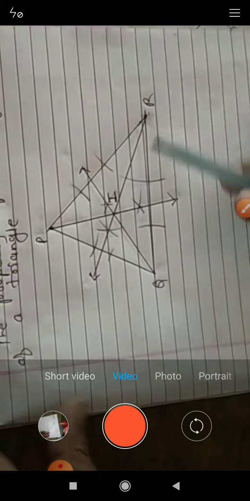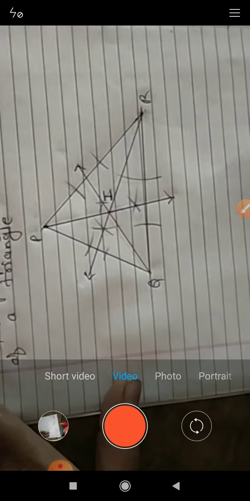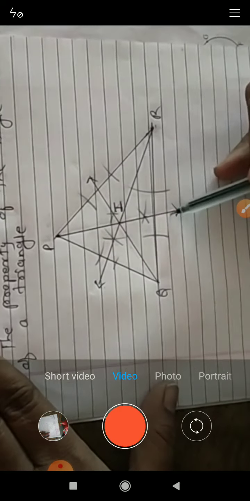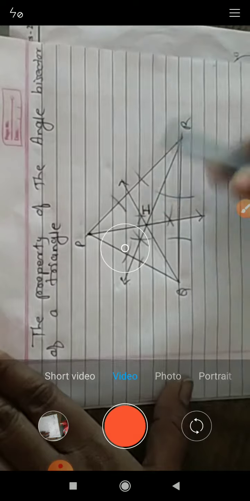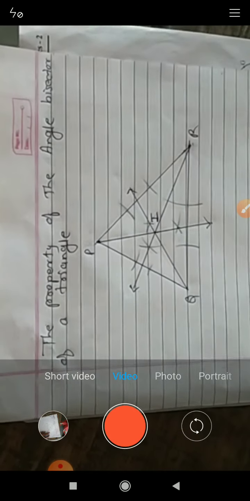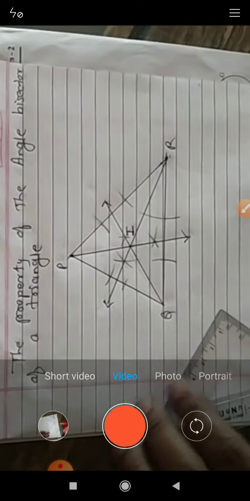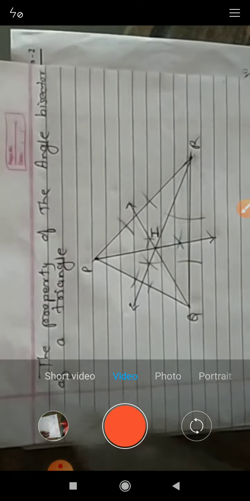Otherwise your construction is wrong. Just rub the figure and draw it again and complete it. Now in my figure, these angle bisectors are passing through a single point. That's why the construction is correct.